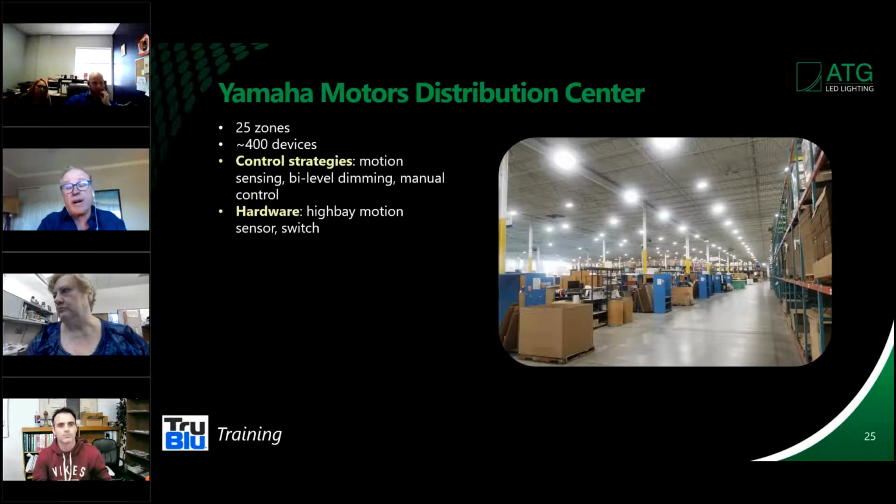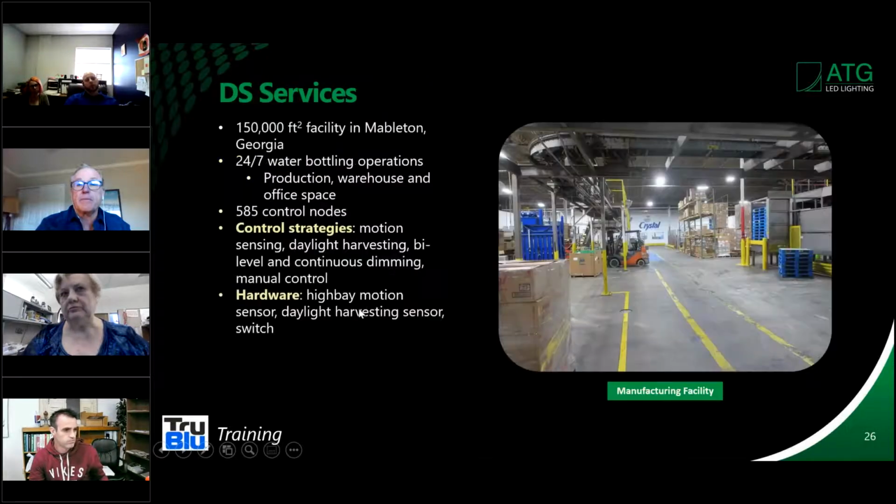They had over 25 zones and over 400 devices that were being controlled. And the strategies they employed were motion sensing, bi-level, and manual control, simply using the high bay motion sensor and a switch. So you can scale this up from an office to a major project.